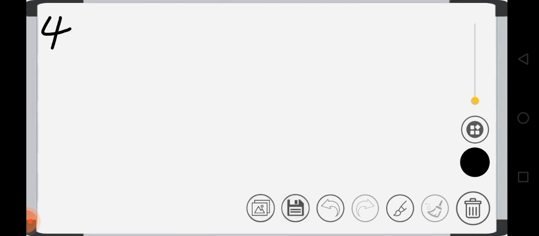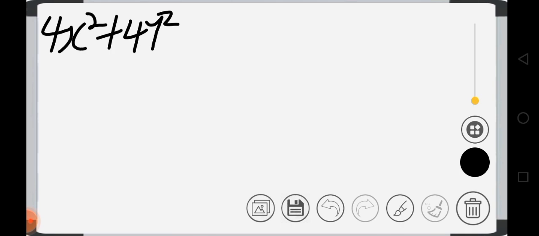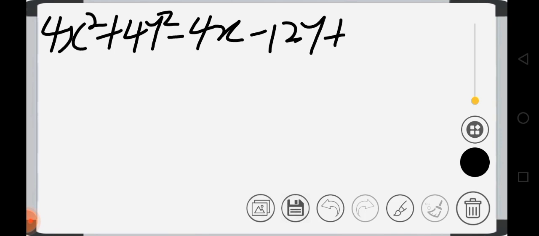Let's say we have 4x squared plus 4y squared minus 4x minus 12y plus 1 is equal to 0.